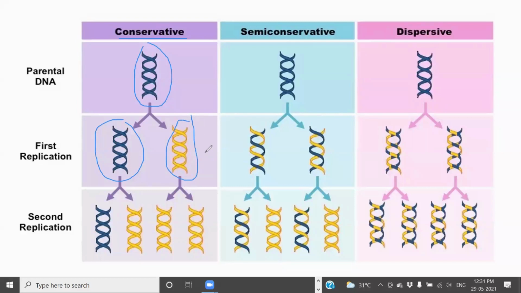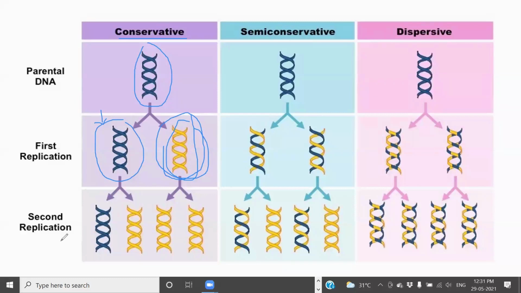That is called DNA replication by the conservative mode. It means one DNA molecule in the cell is conserved as it is, hence it is called conservative. But the other DNA molecule, the daughter DNA molecule, has both strands made new. This is called the conservative mode of DNA replication.